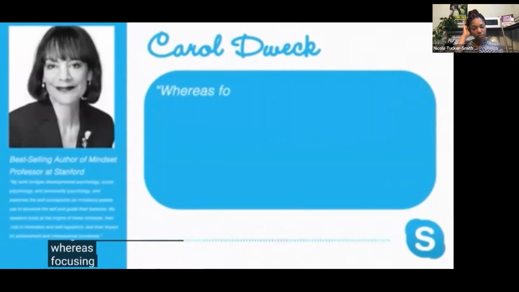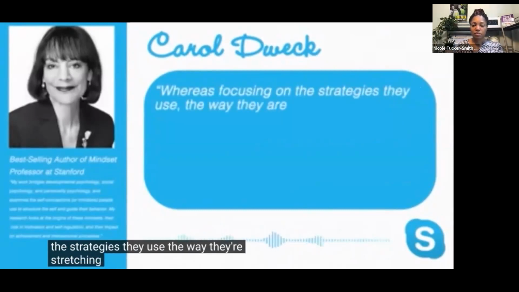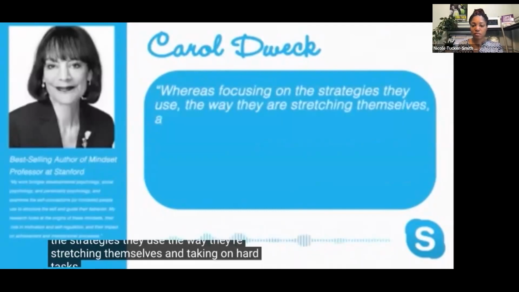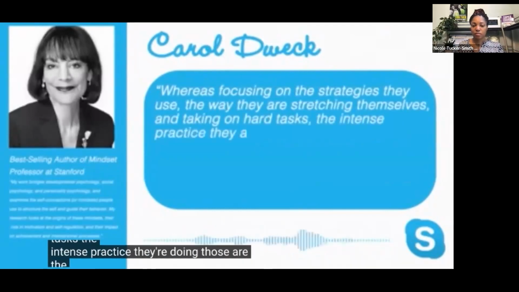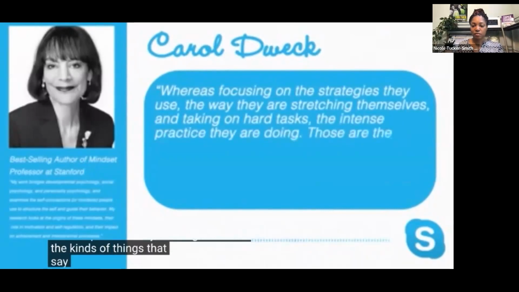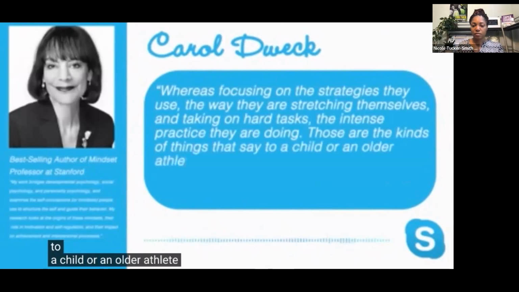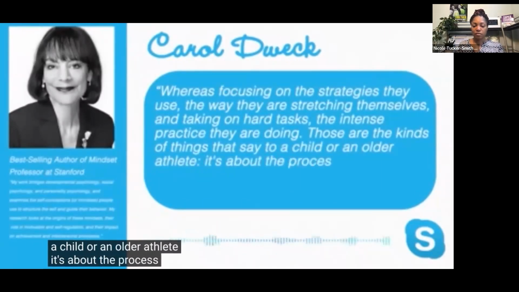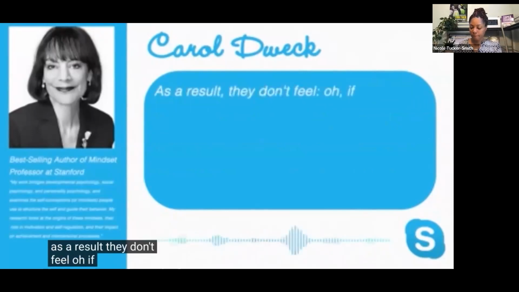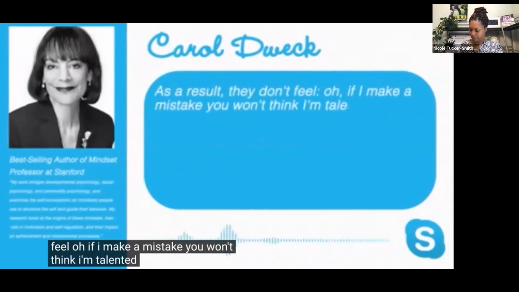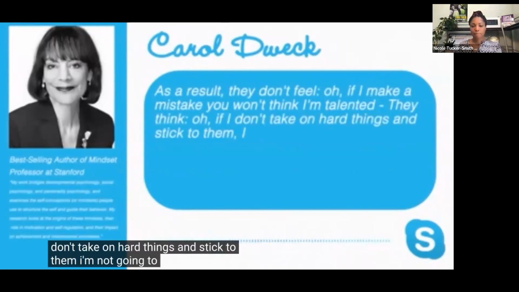Whereas focusing on the strategies they use, the way they're stretching themselves and taking on hard tasks, the intense practice they're doing, those are the kinds of things that say to a child or an older athlete, it's about the process of growth. As a result, they don't feel, oh, if I make a mistake, you won't think I'm talented. They think, oh, if I don't take on hard things and stick to them, I'm not going to grow.